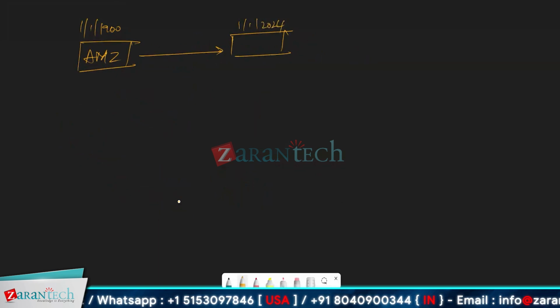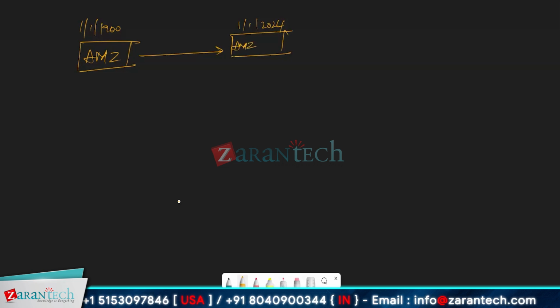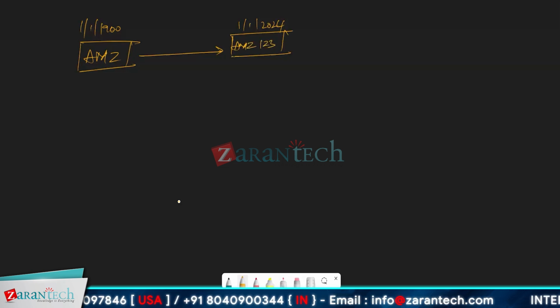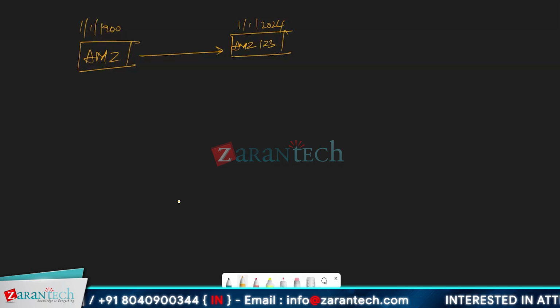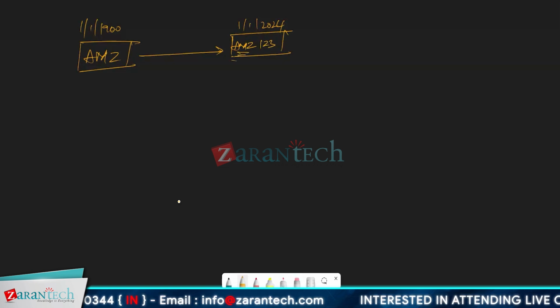Now again, you are editing the supervisory org, let's say as of 1/1/2024. You are changing this to, let's say, AMZ 123. Now what will happen is, whenever you are searching for this supervisory org as of today, you will see this value AMZ 123.